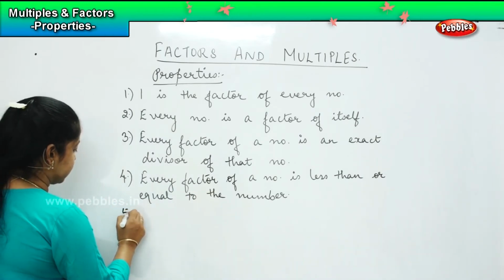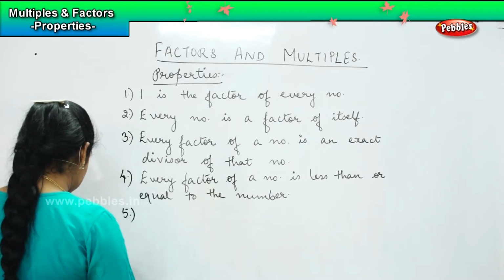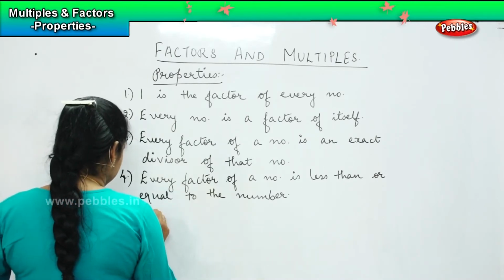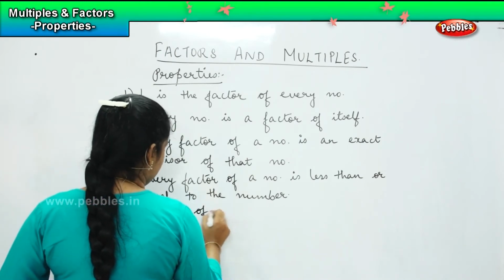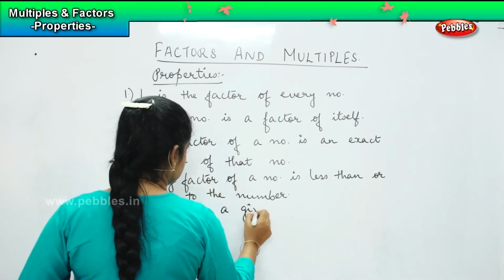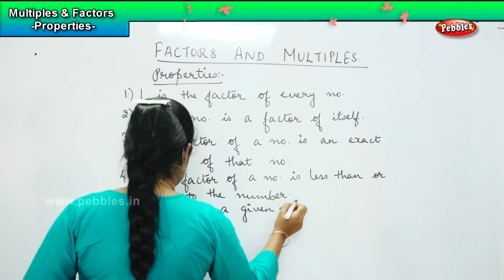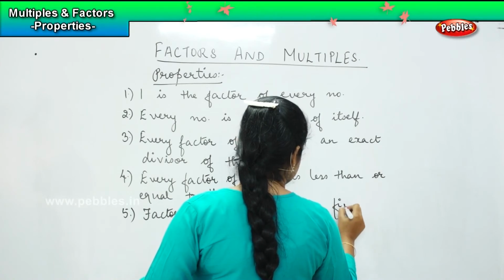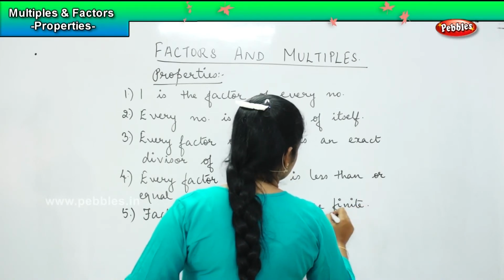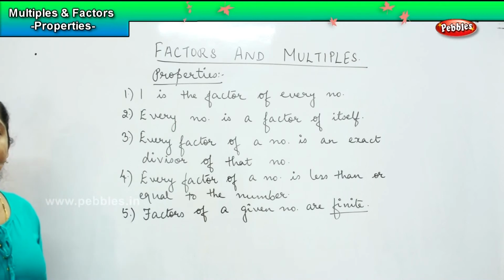So the next property says factors of a given number are finite. So what do you mean by the term finite, children?